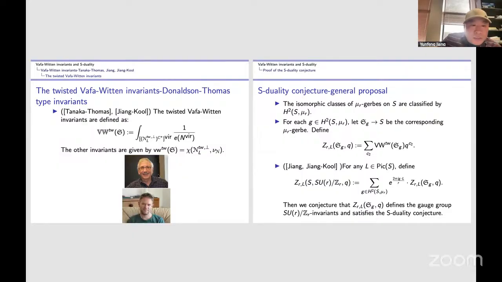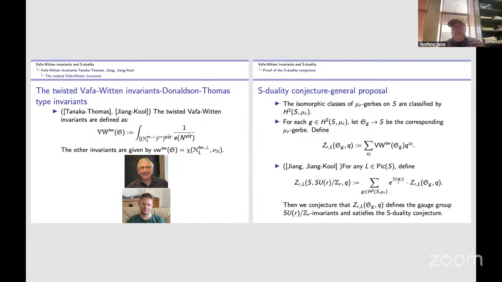Now, for the SU(r) case, Tanaka-Thomas defined this invariant like this. And for the twisted sheaves, Mao-Tao Kool and I defined the twisted Vafa-Witten invariant using a similar picture. But we define this for the SU(r) moduli, and I will mention it later.